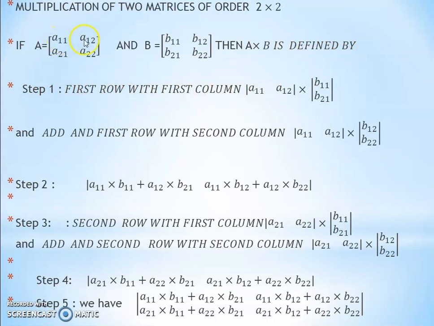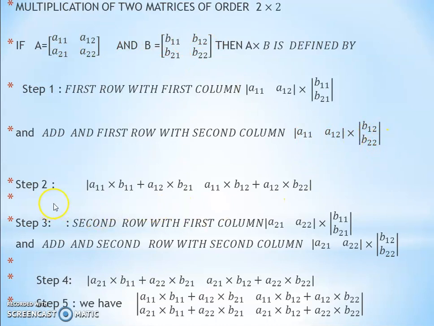We have to fix that the first row should multiply with the first column: first row with first column, a11, a12 multiplied by b11, b21. Now add the first row with the second column. Same trick: first row, now second column, that is a11, a12 into b12, b22.